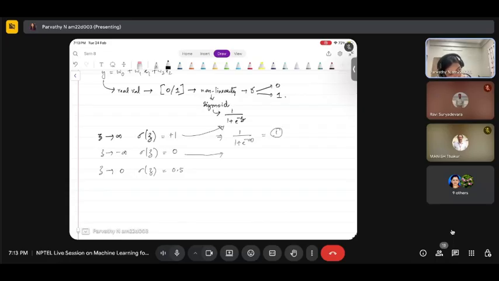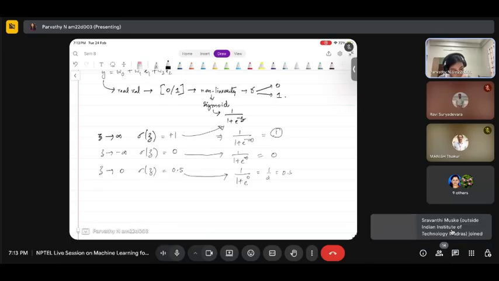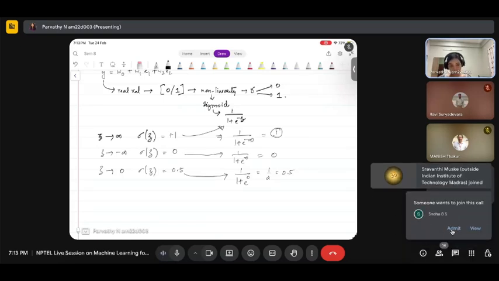When z is equal to minus infinity, you get 1 by 1 plus e raised to infinity. E raised to infinity is infinity, so 1 by infinity is 0. When z is equal to 0, you get 1 by 1 plus e raised to 0, and e raised to 0 is 1, so you get 1 by 2, which is 0.5. This is how we get these values.